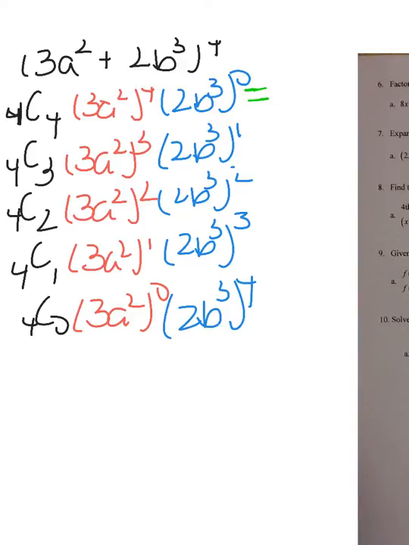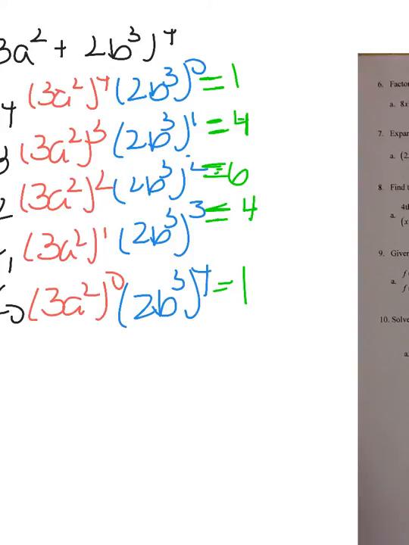Okay, so then we have 4c4 is 1, 4c3 is 4, 4c2 is 6, 4c1 is 4, and then 4c0 is 1. All right, 3a squared to the 4th power.